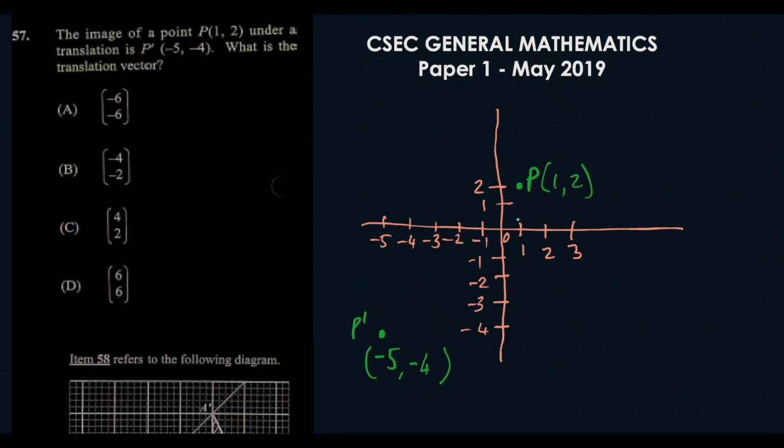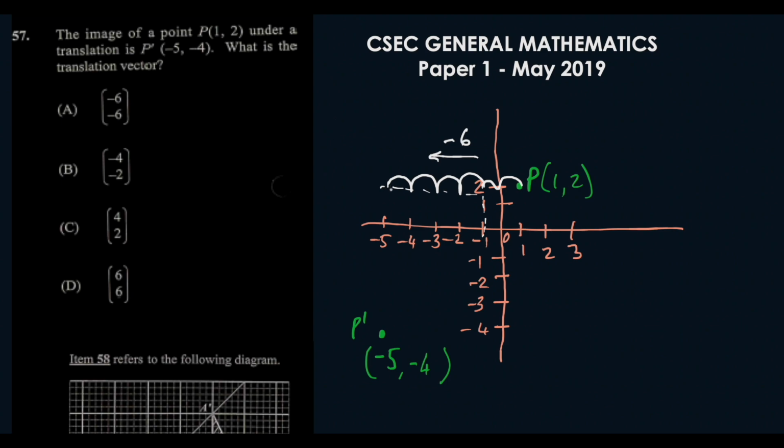So I'm moving along the x-axis first, right? So I'm going from 1 to 0 to -1. I'm going over -2, over -3, over -4, over -5. And how much did I move? I jumped 1, 2, 3, 4, 5, 6. And because I'm going to the left, that's going to be -6. So from P to P prime is -6 so far. So what about going down?